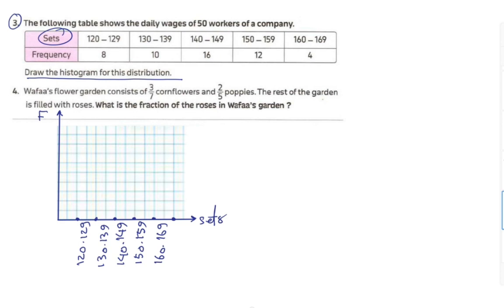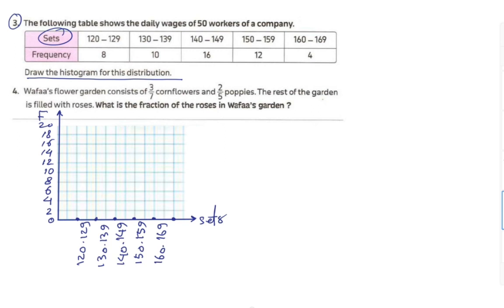If you consider the first point 0, then 2, 4, 6, 8, 10, 12, 14, 16, and 18, maybe 20. Now I will draw each interval alone.